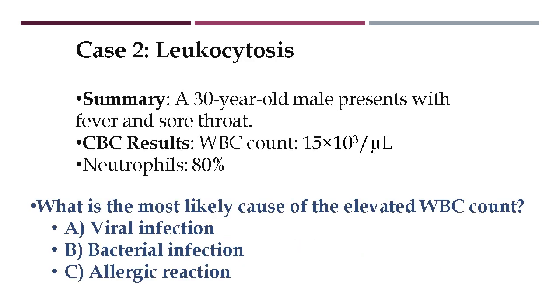Let's discuss another case. A 30-year-old male presents with fever and sore throat. His CBC shows white blood cell count 15,000 cells per microliter, and the neutrophils was 80%. What is the most likely cause of the elevated white blood cell count?